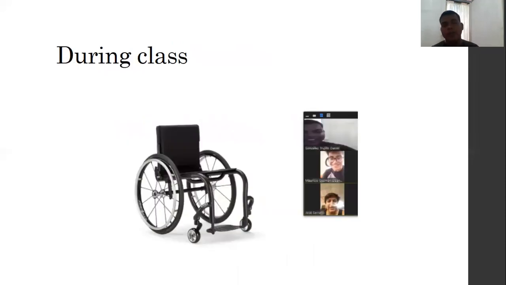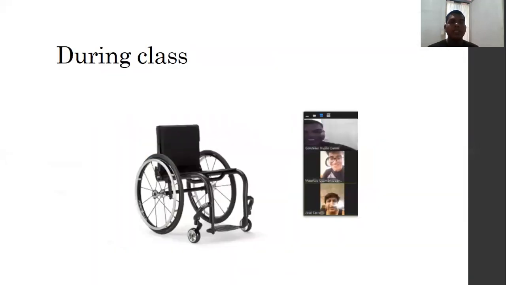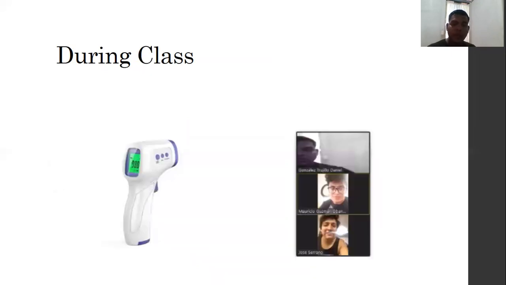So during class, I took some pictures and I asked them, can I take some pictures in order to show how it worked? And they said yes. So here, as you can see, I have different medical supplies. So like this thermometer and the others.